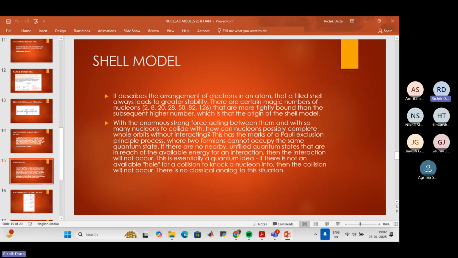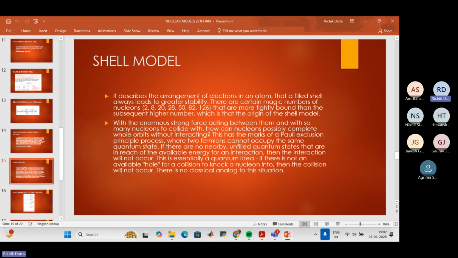So I will describe what the magic numbers are. Let us assume the basics of the shell model. You have to know what the shell structure is. Do you know what the K shell is, what the L shell is, what the M shell is, what the N shell is, and so on?